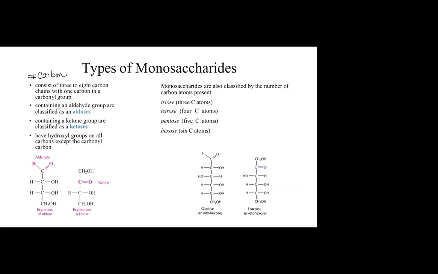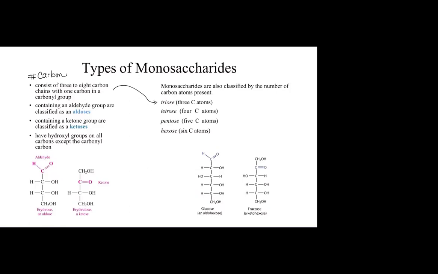Depending on the number of carbons, which is going to be from 3 to 8, we can classify our monosaccharide. We can also classify it depending on the carbonyl functionality. So when it comes to classification based on the number of carbons, you can see here the different terms we're going to utilize.